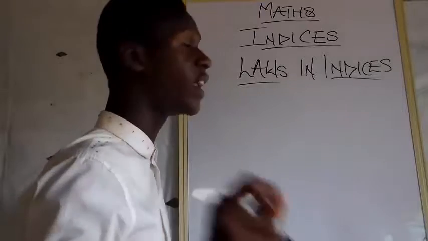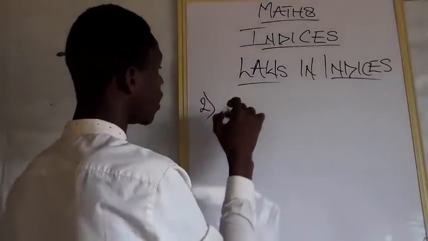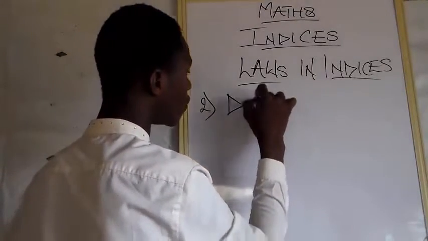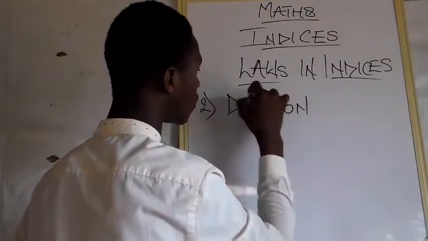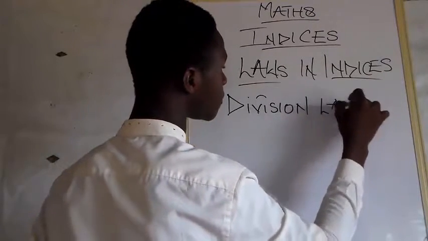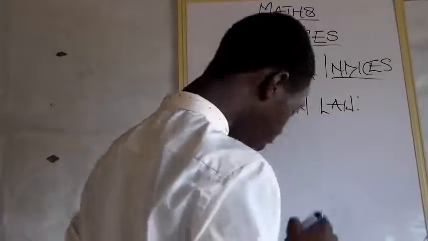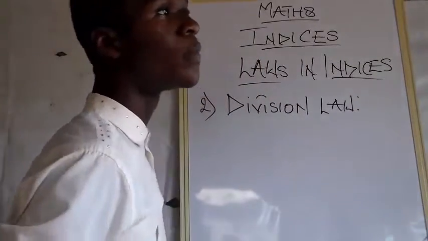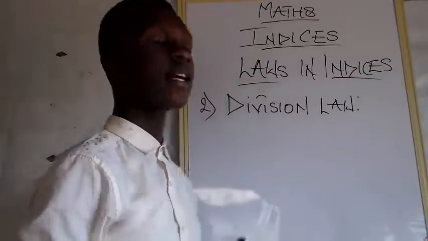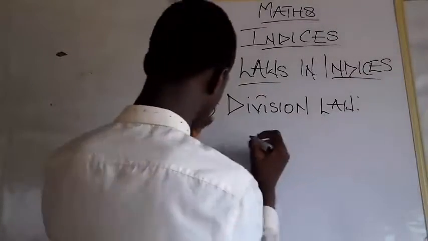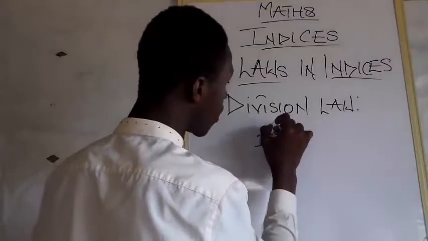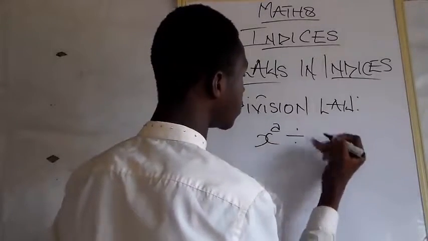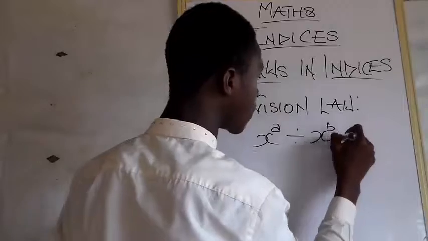Now the second law in indices is the division law. In the division law, the only thing that makes it different is that now you subtract the power. For example, we have x raised to power a divided by x raised to power b.